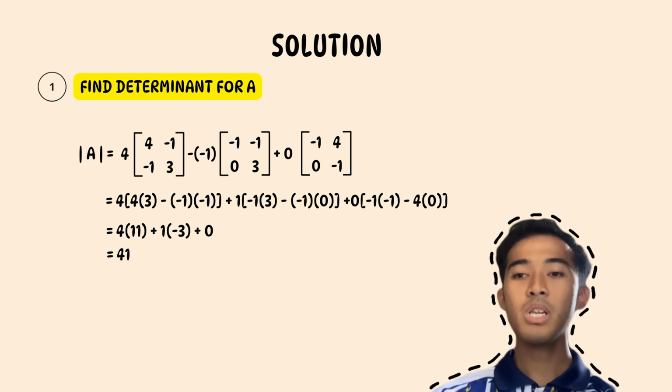We simplify it and it becomes 4 times 11 plus 1 times negative 3 plus 0, and the result is 41.